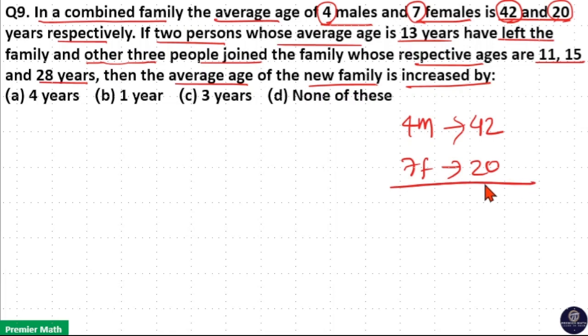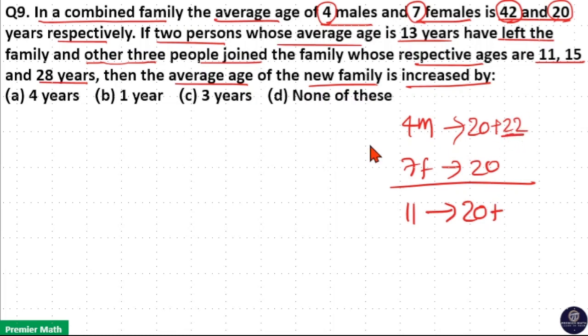Now, 7 plus 4, 11 is the total members in this family. Now, to find the average age of these 11 people, I will take the common average here. That is, I will write this 42 as 20 plus 22. Now, you can see 20 is common here. So, I will take 20 plus remaining is 22.